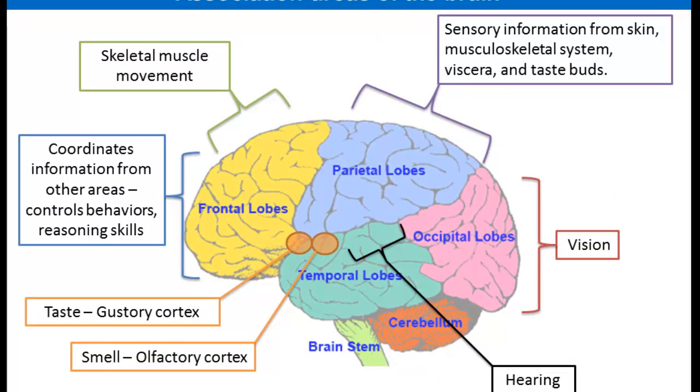They do flips, they do jumps, they balance on one foot, then another foot. In order to coordinate all those activities, you need those motor association areas to work well. And if you have damage to any association area, you can have problems with interpretation of either motor or sensory input.